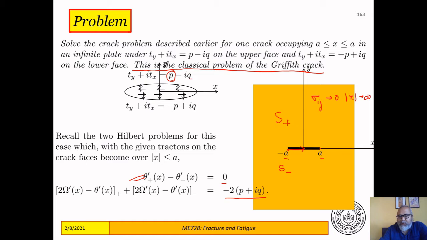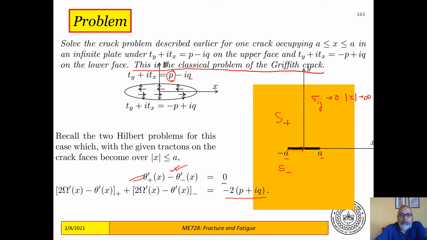The tractions applied are constant uniform tractions. They do not vary with x. So constant tractions are applied, and you get a constant term on the right hand side. So this is the situation. This is the homogeneous Hilbert problem, just like we obtained in the case of the punch.